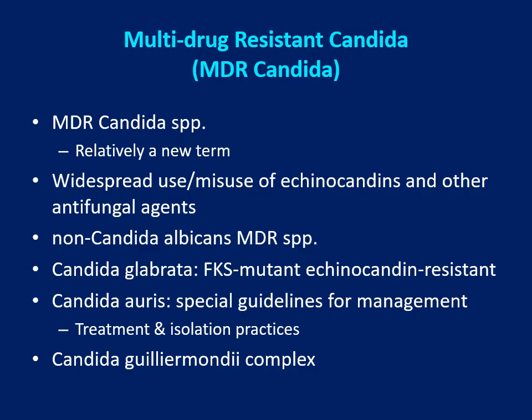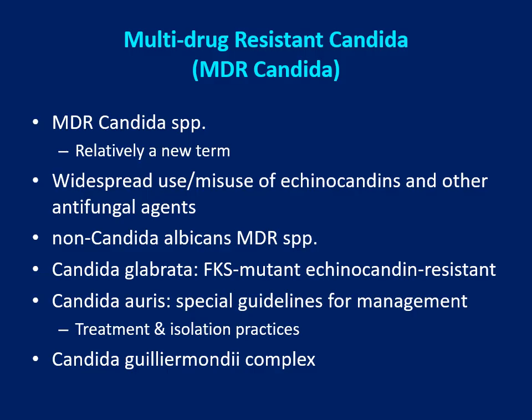This brings us to the topic called multi-drug resistant Candida. MDR Candida is a relatively new term. The widespread use or misuse of echinocandins mainly, and other antifungal agents, has led to that. Non-Candida albicans MDR species are encountered more and more.